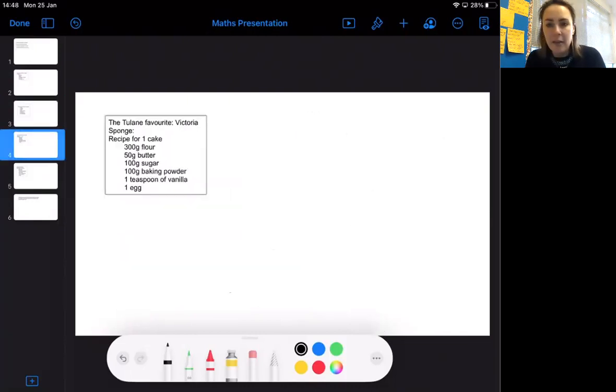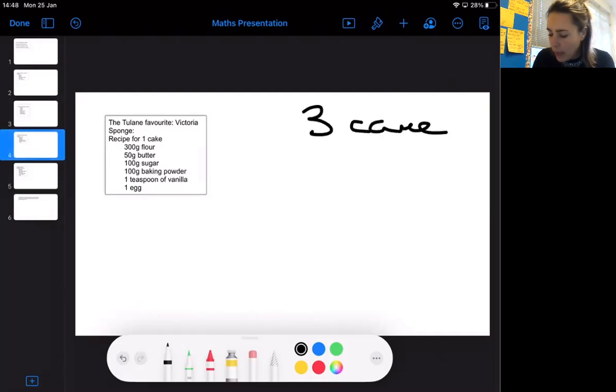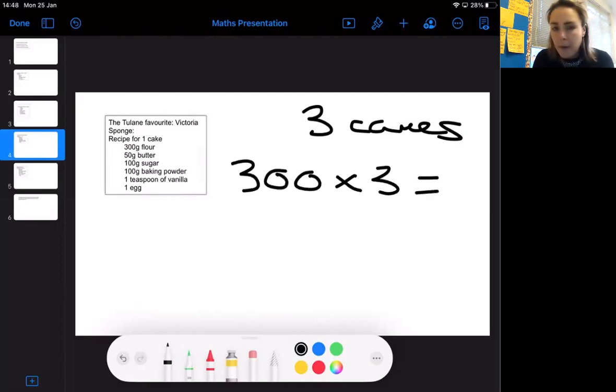Let's have a look at a different example. I've got here a recipe for 1 Victoria sponge cake. What would you need to do if I wanted to make 3 cakes? I would need to multiply each amount by 3. So if I had 300 times 3, you can use your knowledge of multiplication to help you with this.